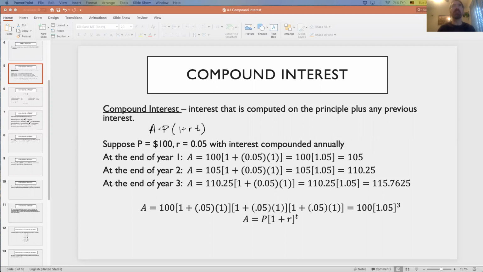And then at the end of year two, the bank will give us interest on the current balance of $105. So we're earning interest on the $100, the initial principal, plus the $5 interest that we earned in the previous year. And so we can, again, use that formula to calculate how much we'll have in the account at the end of year two.